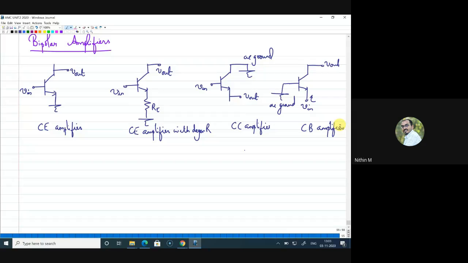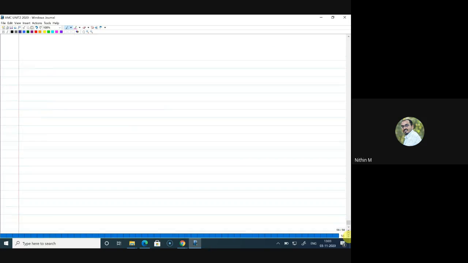So today we will look at the common emitter amplifier and derive the various parameters like input impedance, output impedance, voltage gain, and in BJT amplifiers there is one more parameter, which is called current gain. So let me start with the common emitter amplifier.